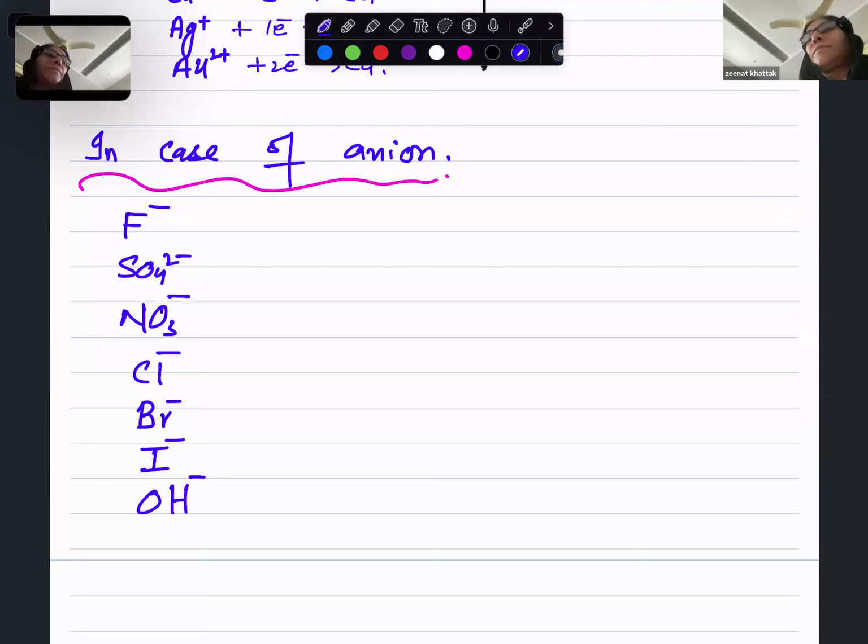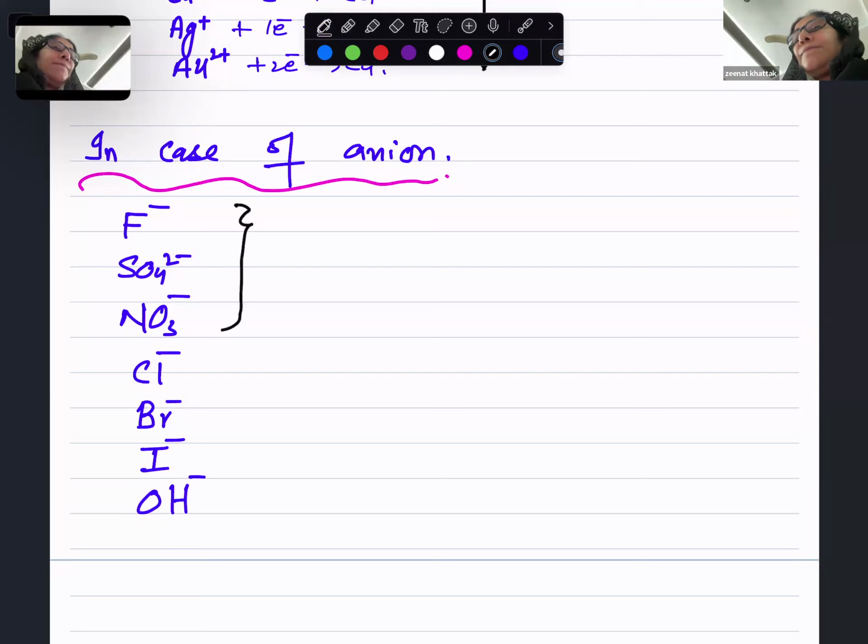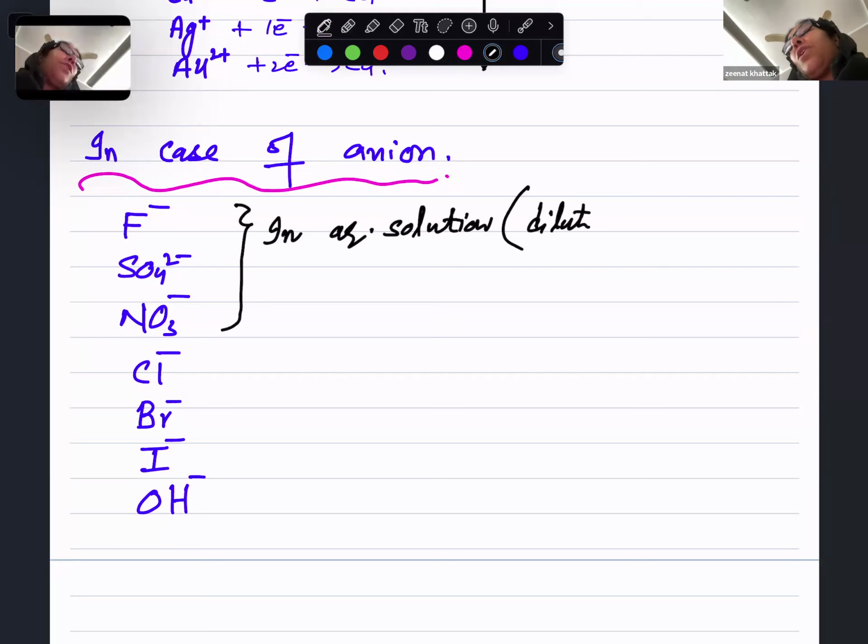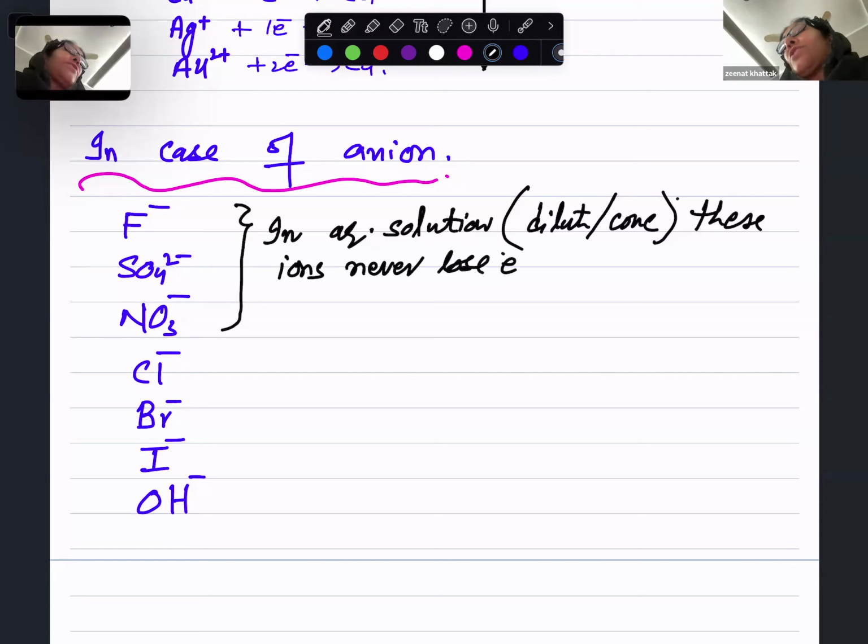Now, fluoride, sulfate, nitrate: in aqueous solution, dilute or concentrated, these ions never lose electron in the presence of hydroxide.